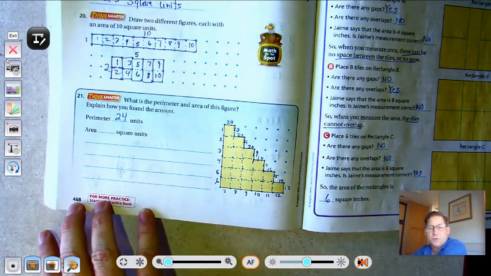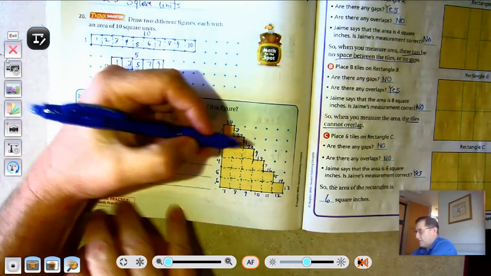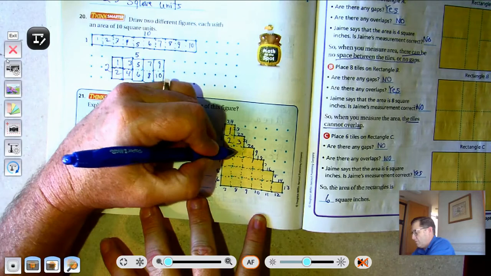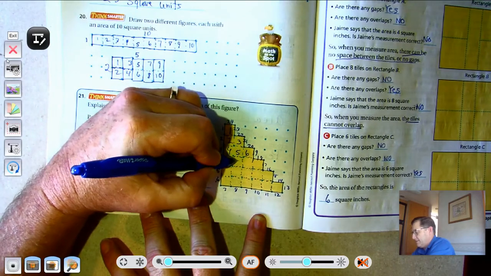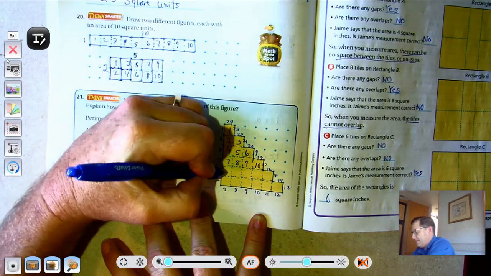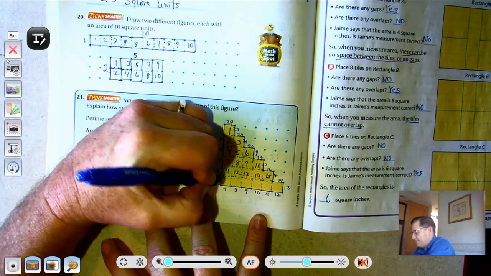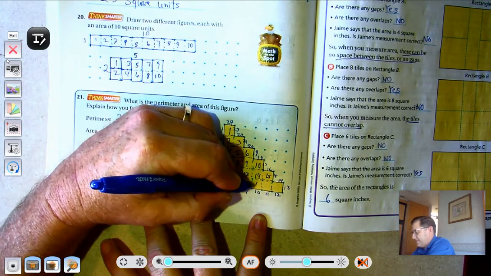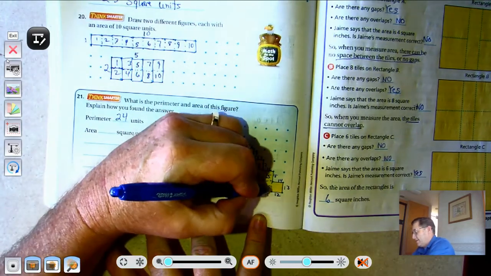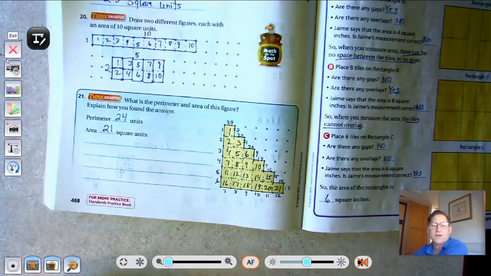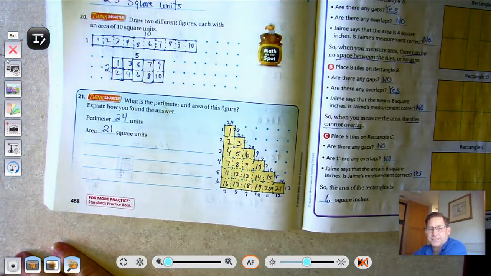Okay, so I've listed all the squares, and now I'm just going to number all my squares. 1, 2, 3, 4, 5, 6, 7, 8, 9, 10, 11, 12, 13, 14, 15, 16, 17, 18, 19, 20, 21 square units. All right, so explain how you found your answer.